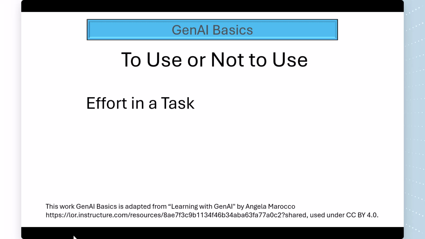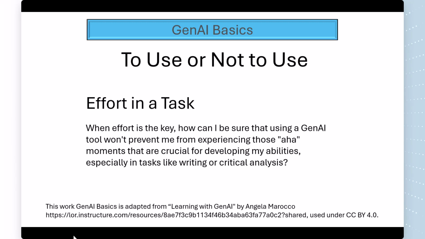GenAI as effort in a task. When effort is the key, how can I be sure that using a GenAI tool won't prevent me from experiencing those aha moments that are crucial for developing my abilities, especially in tasks like writing or critical analysis?